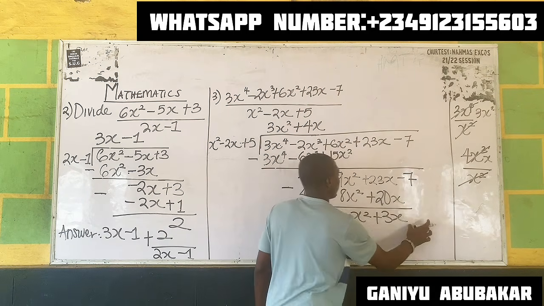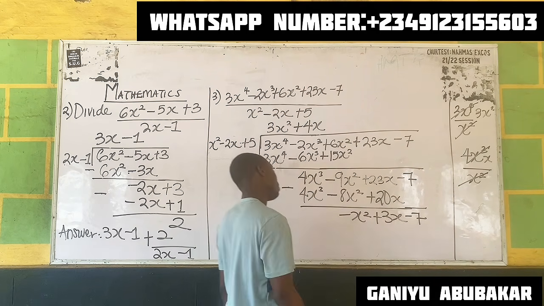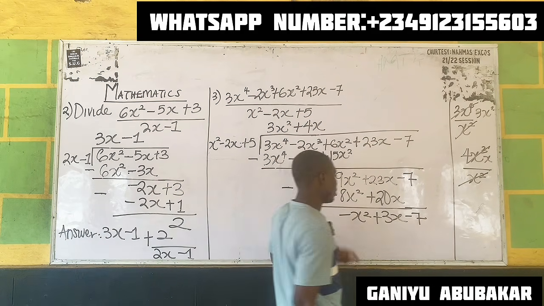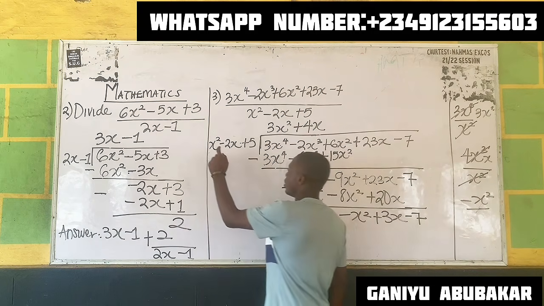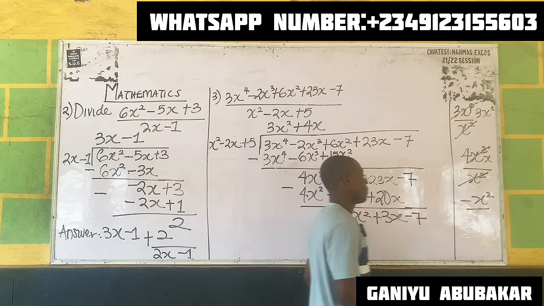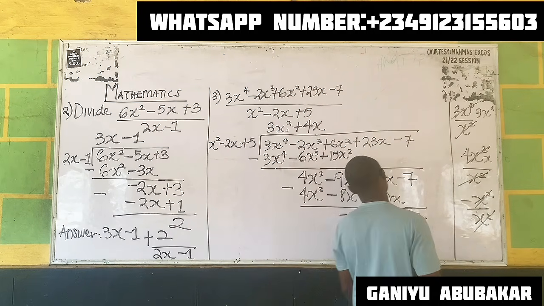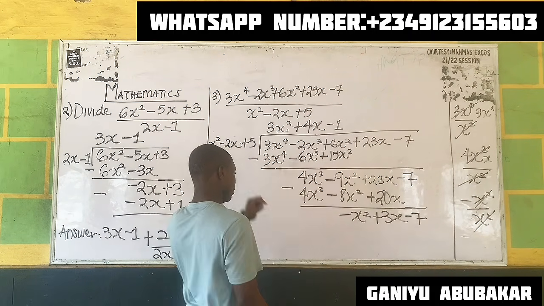Then drop this down. So minus what? 7. Drop it down. Same thing again. Pick out this leading term, minus x squared, divided by the leading term here, x squared. This cancels this. I have minus 1 left. So I'll put in here minus 1.